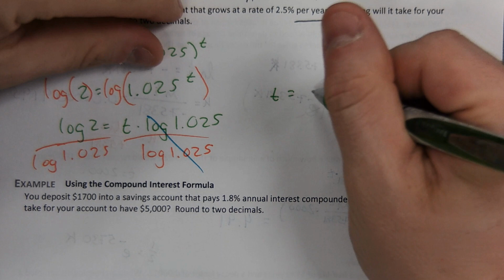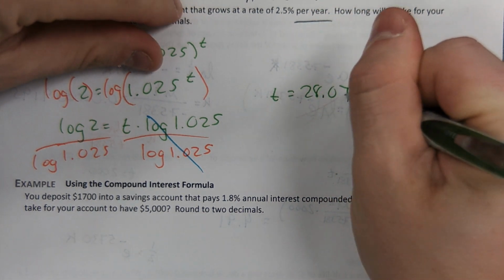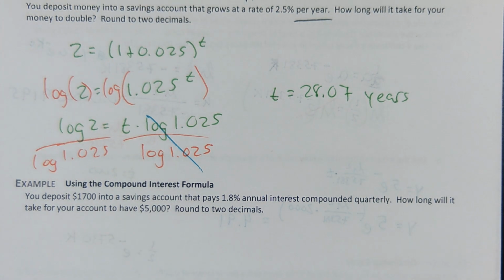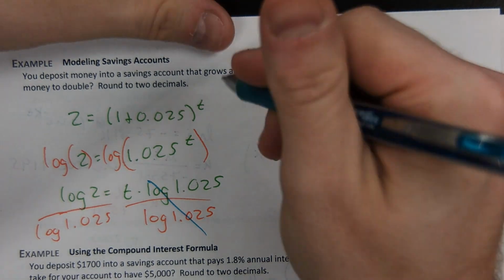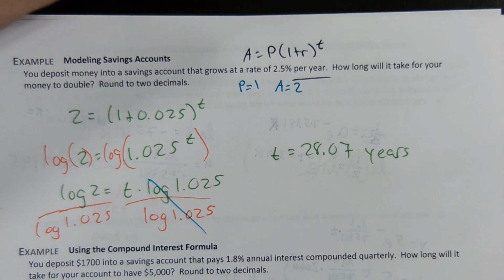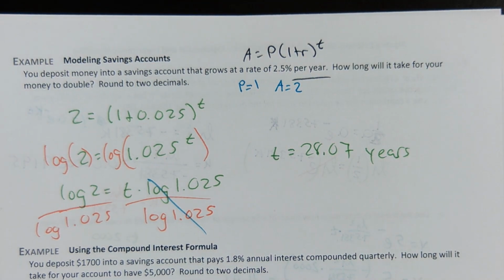Wowza. Remember, we started with 1, we ended with 2. P stands for principal, which means beginning amount.